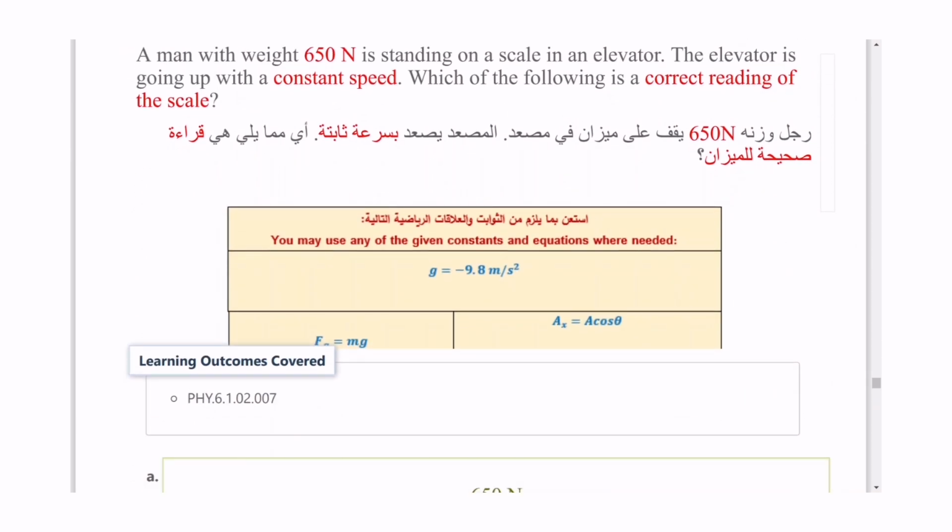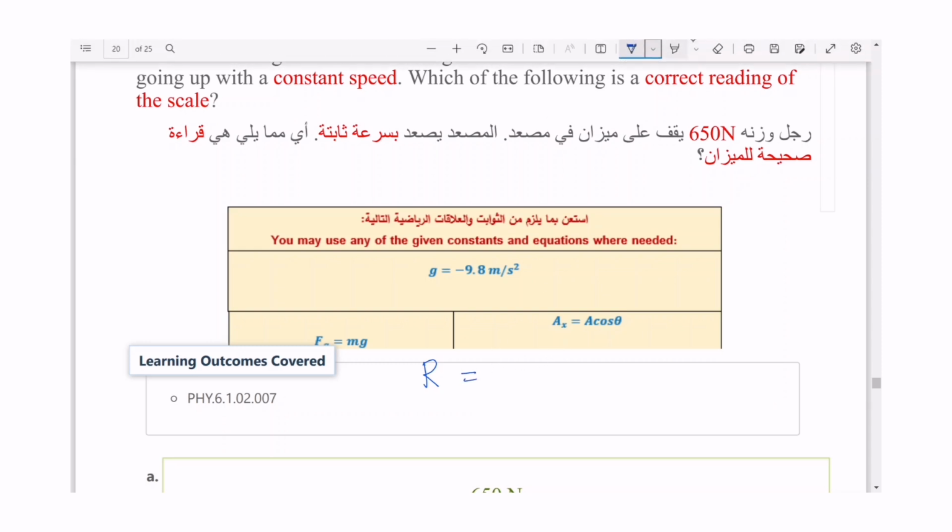A man with a weight of 650 Newton is standing on a scale in an elevator. The elevator is moving up at a constant speed. Which of the following is the correct reading on the scale? Here, the scale reading, which we will represent by R, the reaction force, also called the normal reaction, I will represent by the normal contact force, Fn.